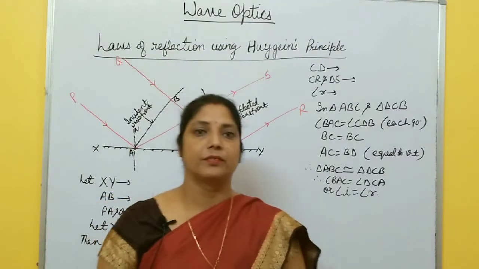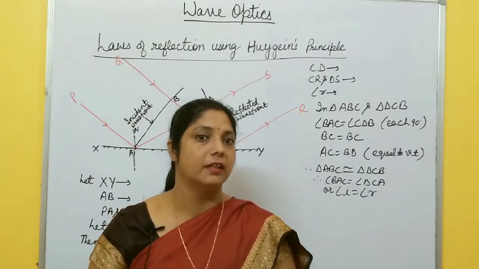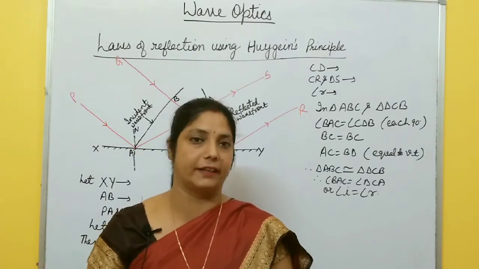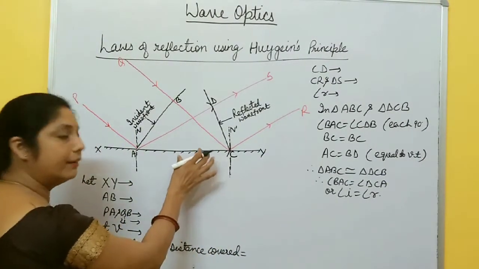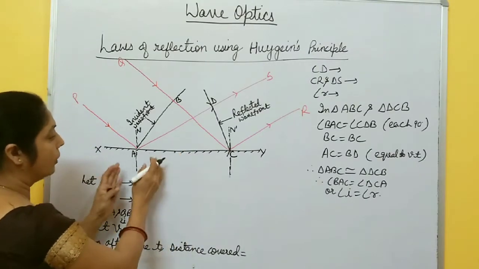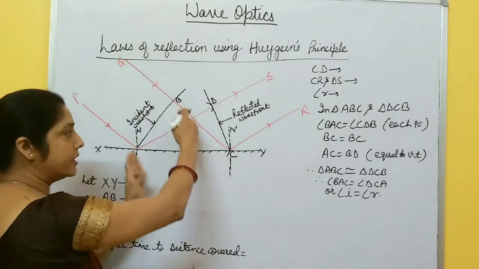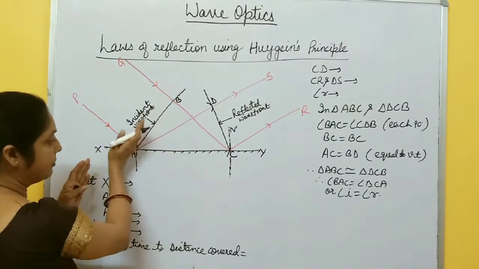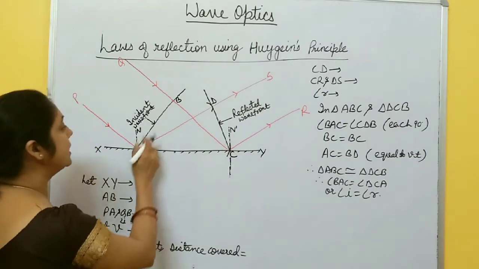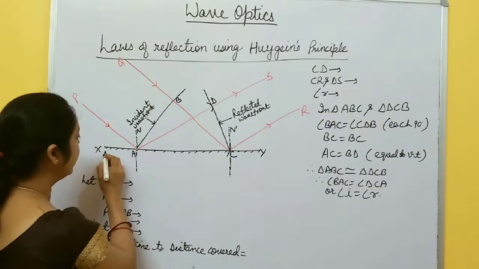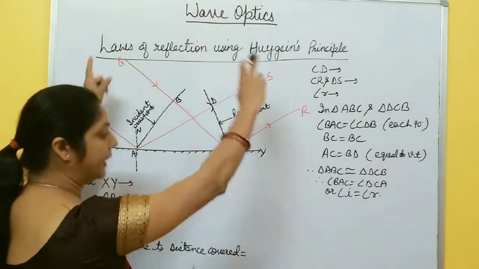You know that when we talk about Huygens' principle, it means wavefront, incident wavefront and reflected wavefront. So let us first suppose that XY is a plane reflecting surface, and AB is the incident wavefront on this plane reflecting surface. Both this incident wavefront AB and the reflecting surface XY are perpendicular to the plane of the board.